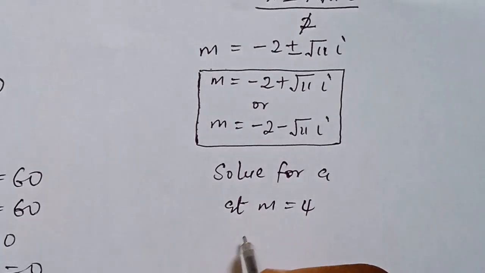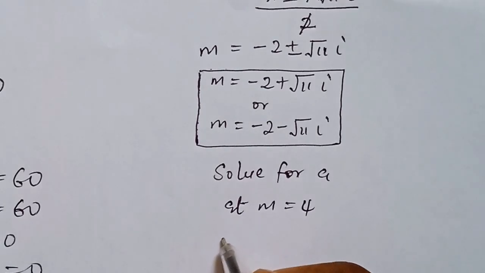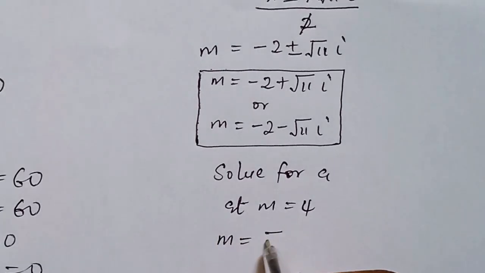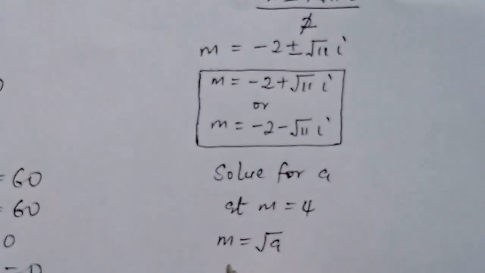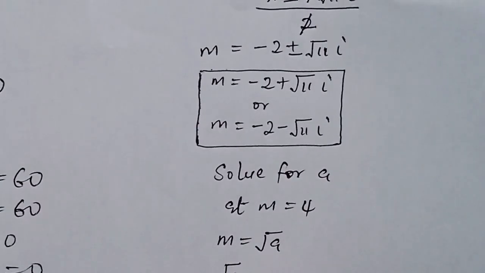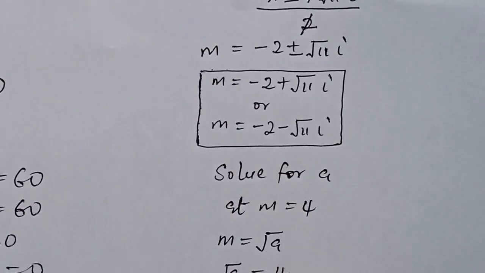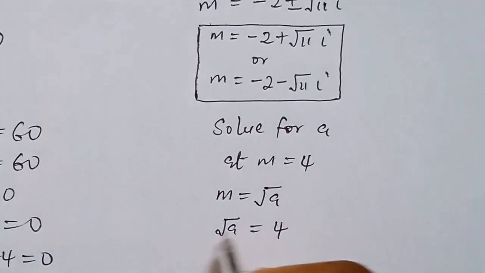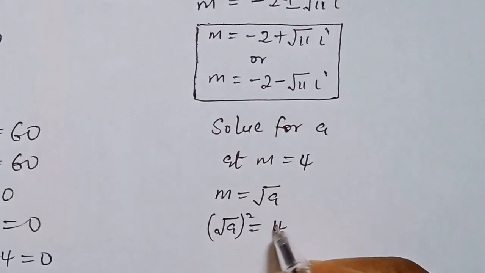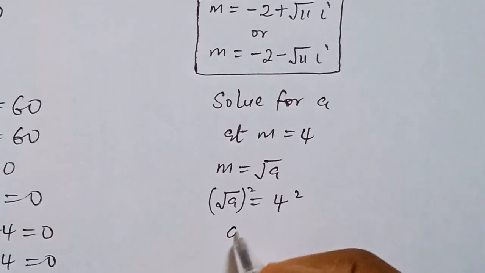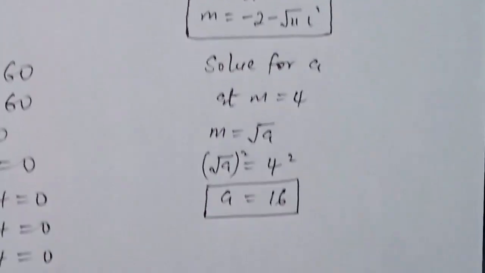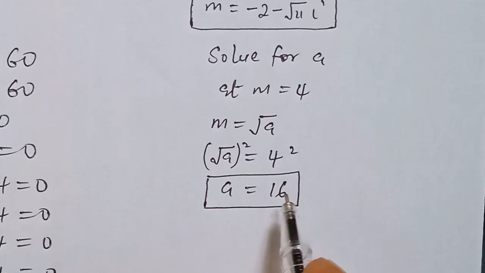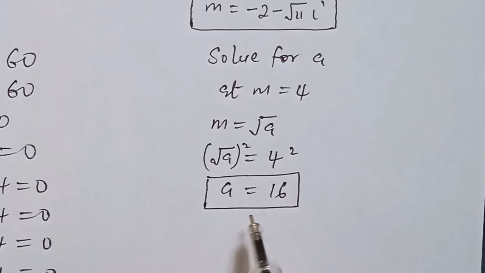We have m equal to √a, so √a is equal to 4. We square both sides, and we have a equal to 16 for the value of a when m equals 4.